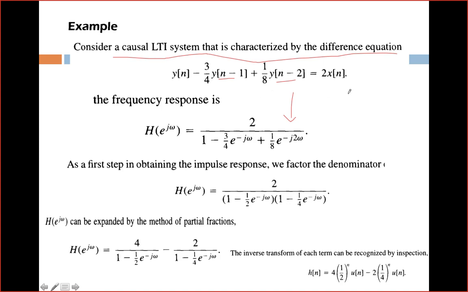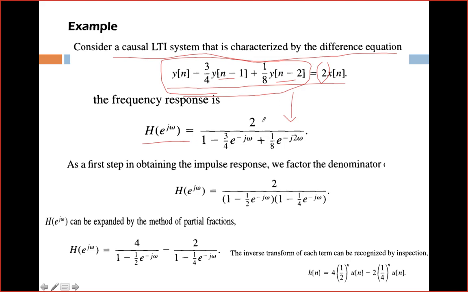The transfer function is nothing but Y of e power j omega by X of e power j omega. That is, you have to take the discrete time Fourier transform of this equation. What will you get? Y of e power j omega times 1 minus 3 by 4 e power minus j omega plus 1 by 8 e power minus 2 j omega. Definitely this part will be the denominator, and in the numerator you have only 2. Hence I am directly writing the transfer function of the given equation, H of e power j omega is equal to 2 by 1 minus 3 by 4 e power minus j omega plus 1 by 8 e power minus 2 j omega.